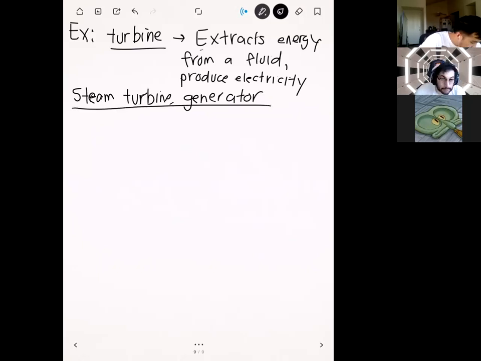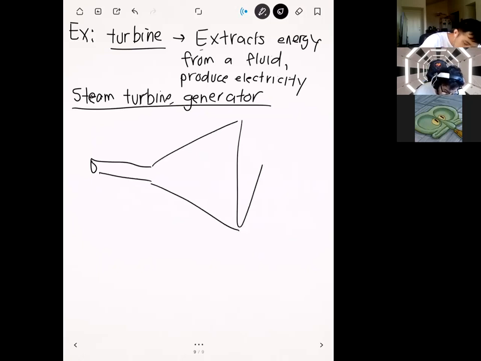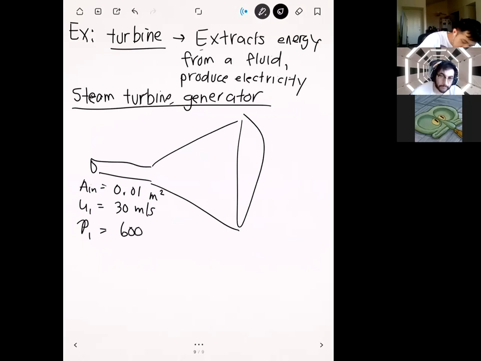And so it looks like this. Let's define the conditions at the inlet. At the inlet, we have an inlet area of 0.01 meters squared. Our velocity at the inlet is going to be 30 meters per second. Our pressure at the inlet is going to be 60 kilopascals.